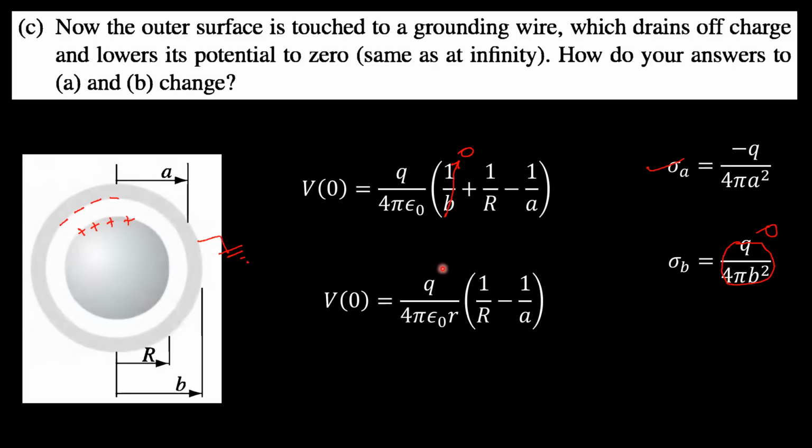So you will get the answer as 1 over R minus 1 over A. So this is the answer we got.